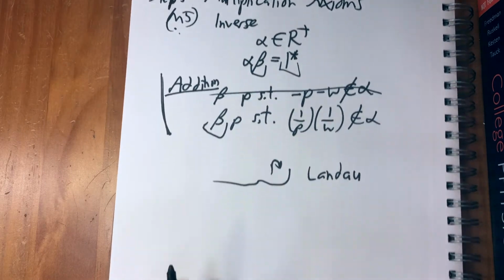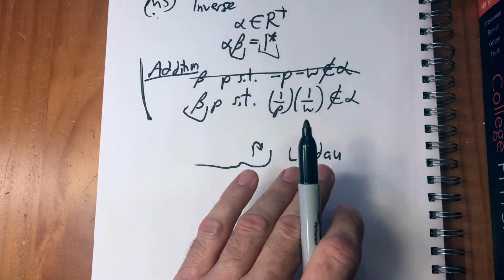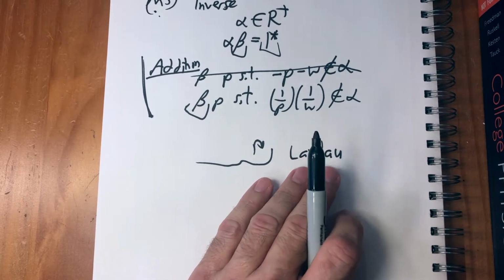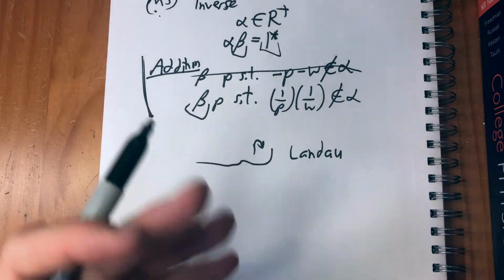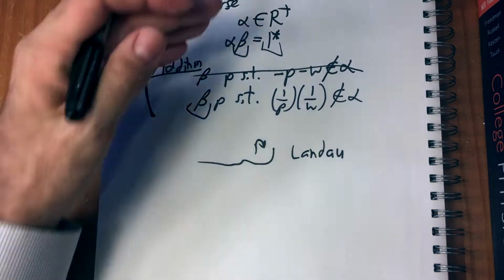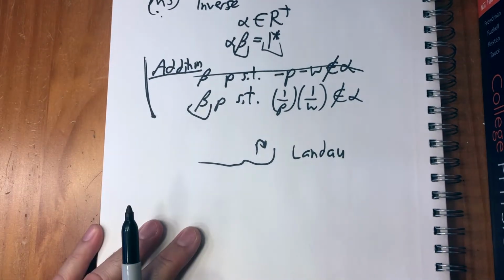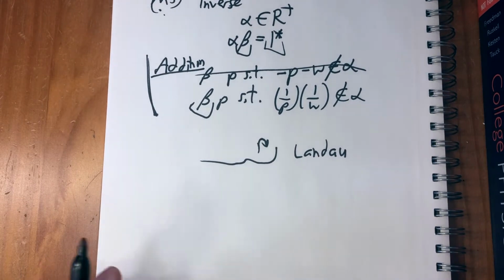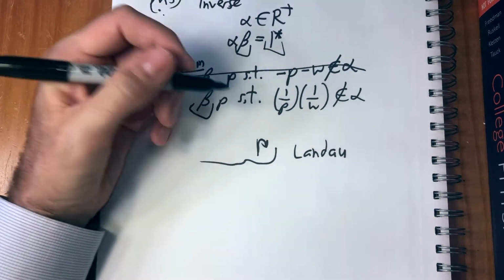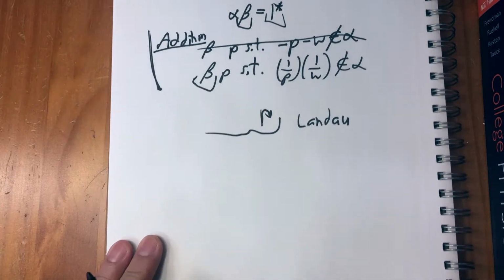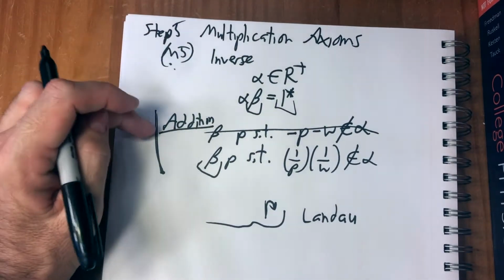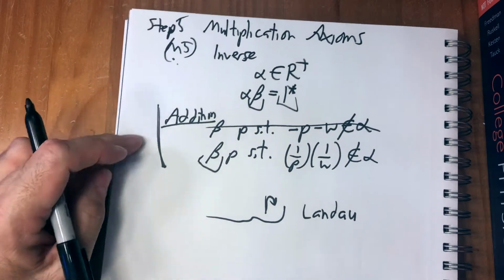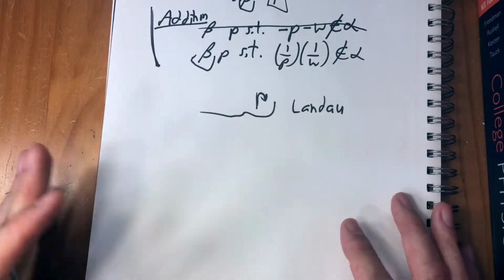We'll see how that goes. I haven't looked at this yet, so I'm just going to do it live. I'm going to open it up, read it, and see if we can figure it out together. If not, we'll go back to the drawing board and figure something else out. But for now, I'm just going to show you what happens when we try to do it the way that Rudin did addition and show that it doesn't work.